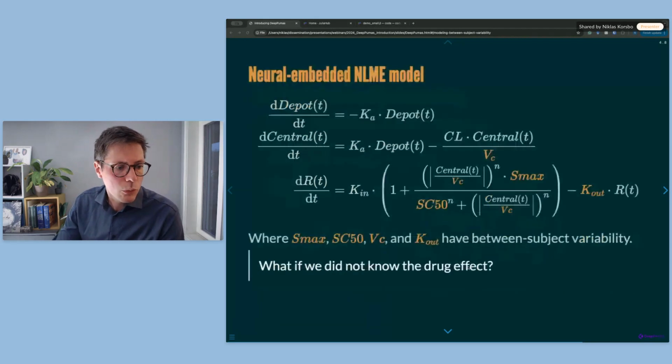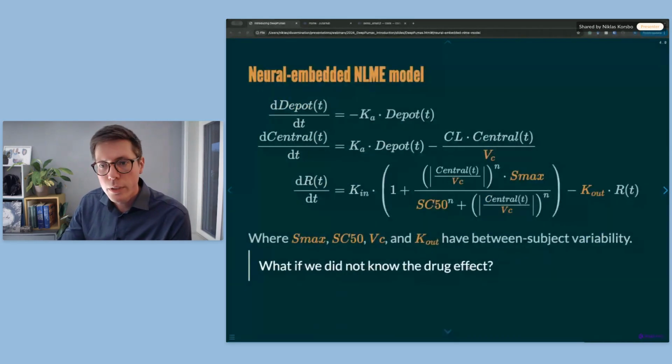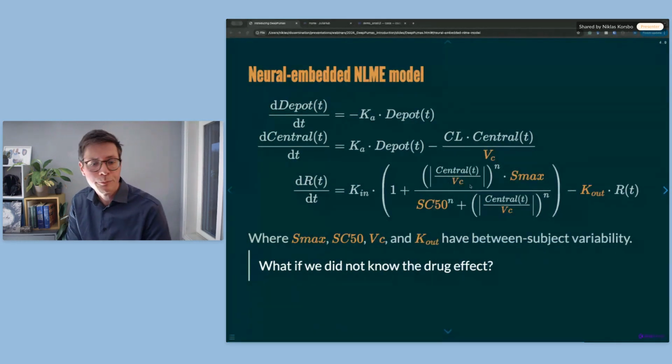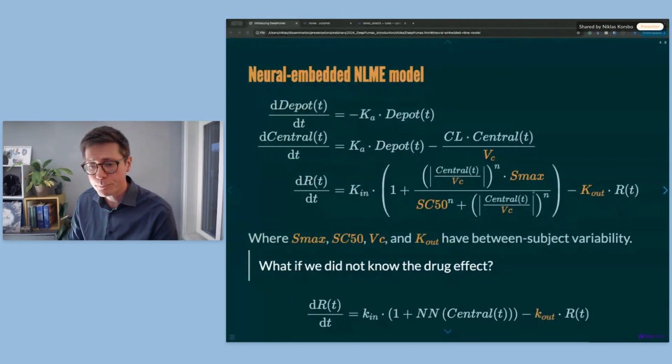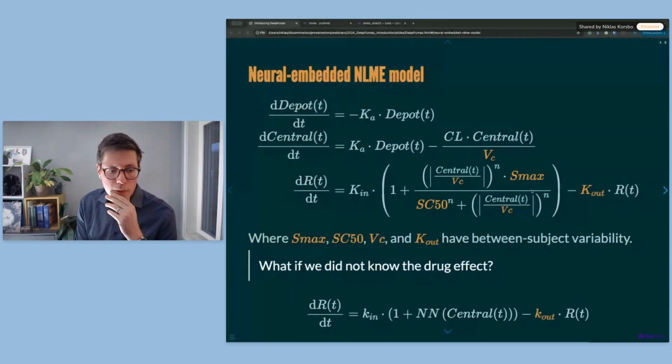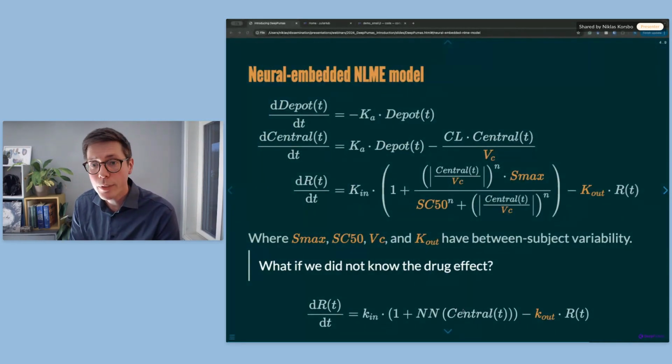Now, what if we did not know the drug effect? What if I wanted to replace this term here with a neural network, because I don't know how the drug is causing or stimulating a response in my indirect response model? So I can inject a neural network, but one might think this is all I need.